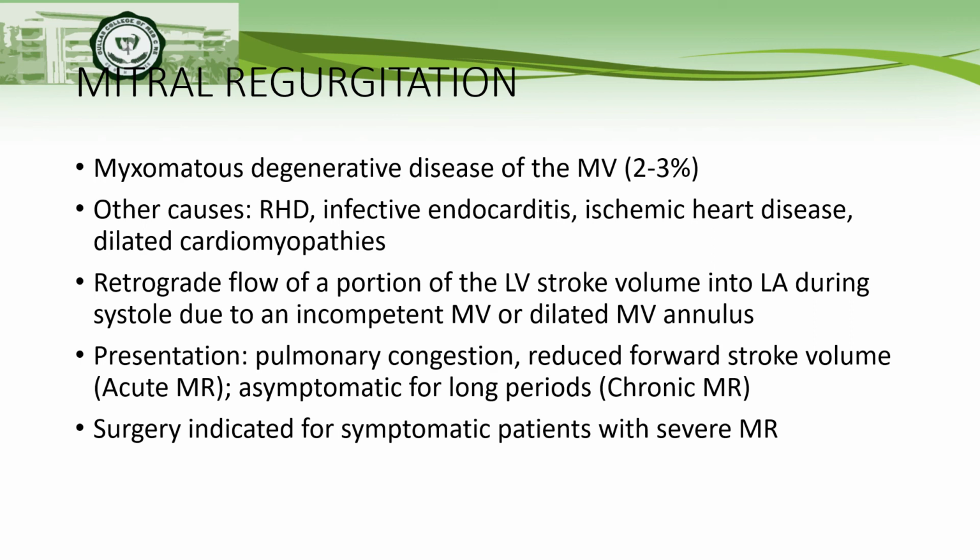The basic pathophysiologic abnormality of mitral regurgitation is the retrograde flow of a portion of the left ventricle stroke volume into the left atrium during systole due to an incompetent mitral valve or a dilated mitral valve annulus.